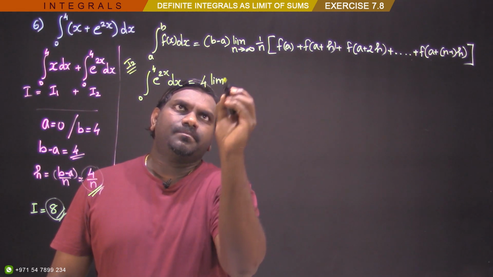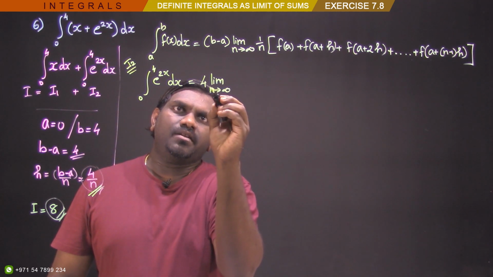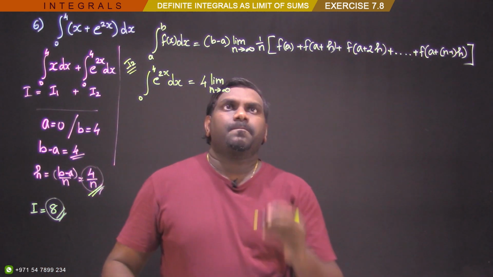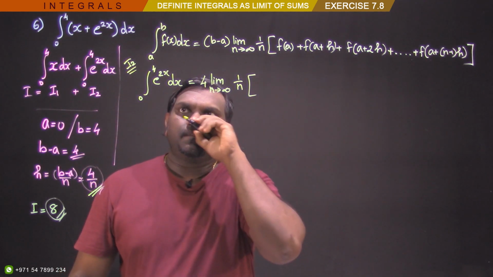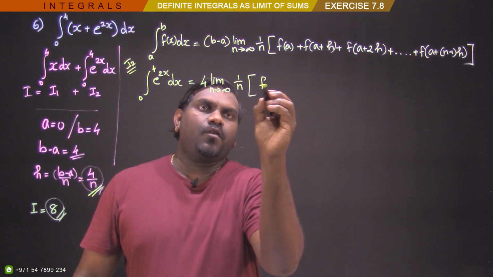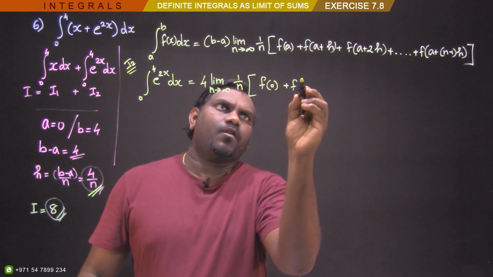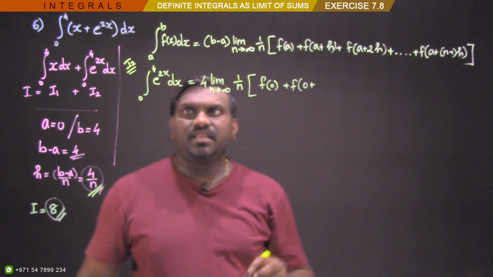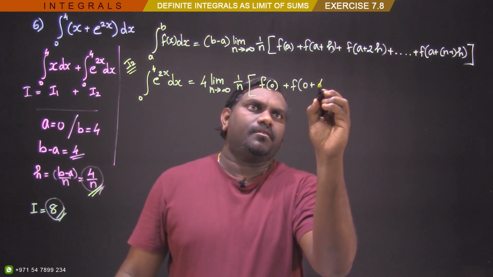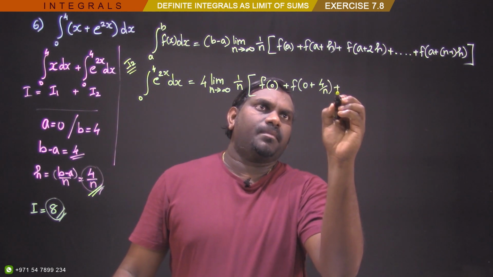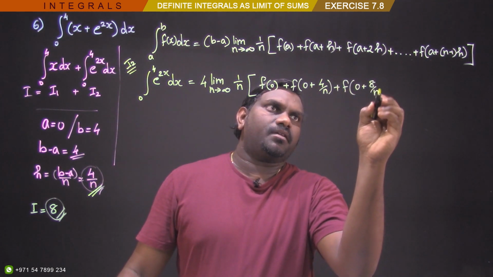So 4 times the limit as n tends to infinity, then 1 by n, then what do you have here, dear? If f of a, again it is 0 itself, plus f of 0 plus h, where h is going to be 4 by n, right, 4 by n, plus f of 0 plus 8 by n, and so on.